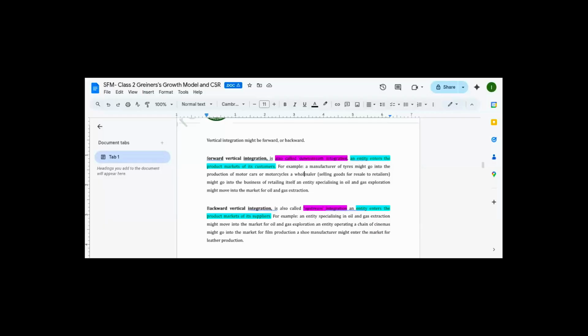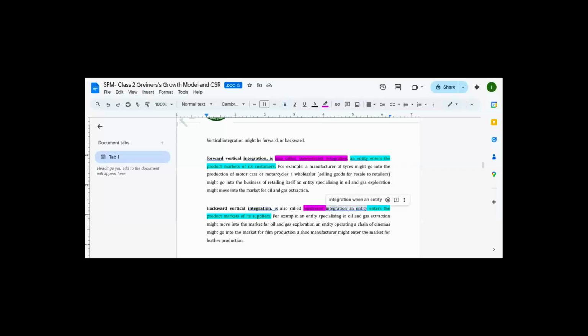When we are now selling directly to the end users, we have entered the market of our customers. That's what we call forward vertical integration. And its opposite is what we call backward vertical integration, which is called upstream integration.